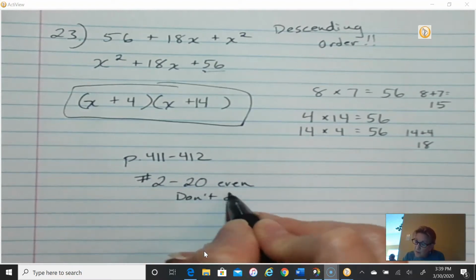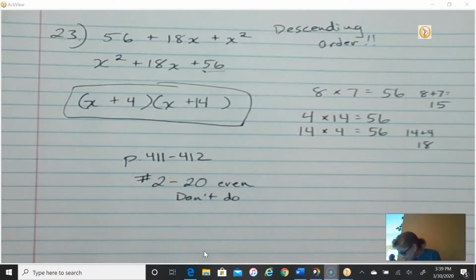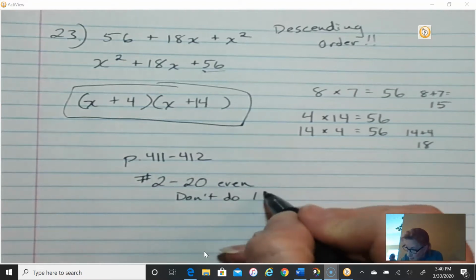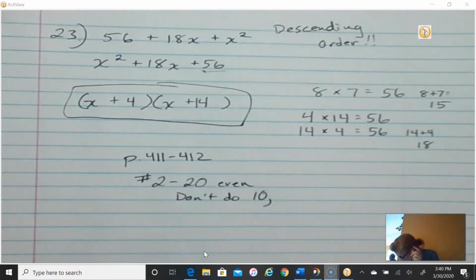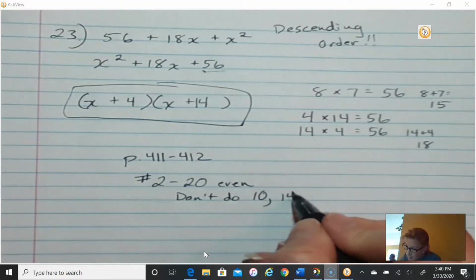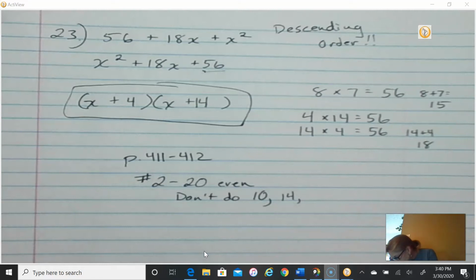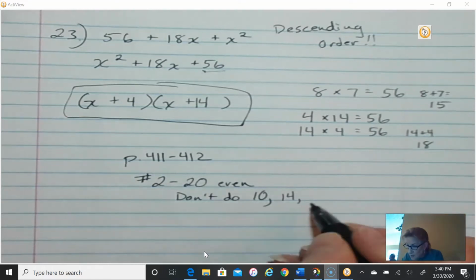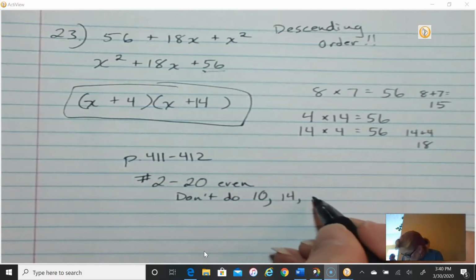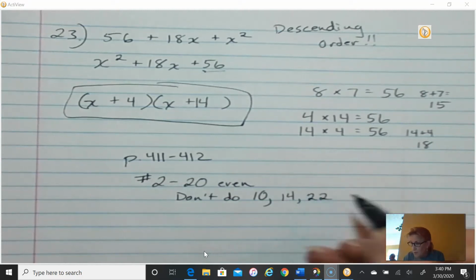Don't do 10. 14. And 20. Well, 22. It's not in your group.